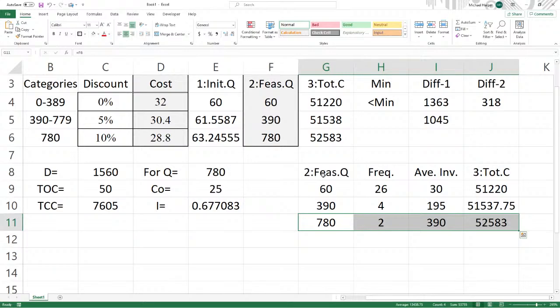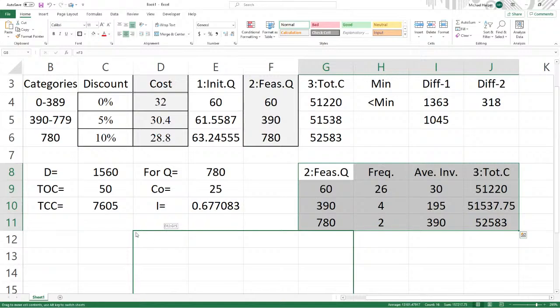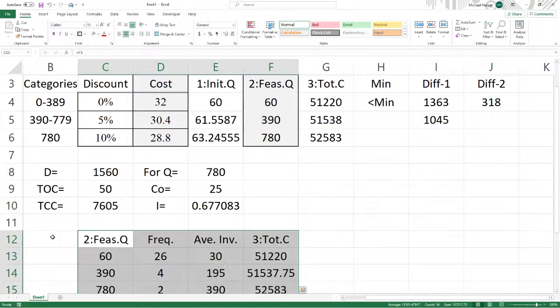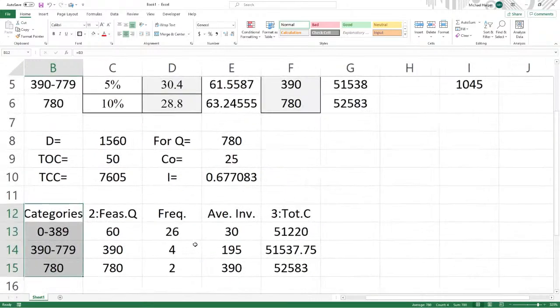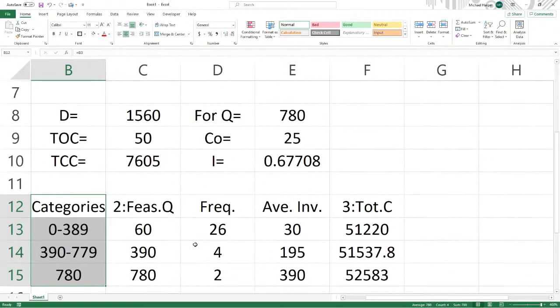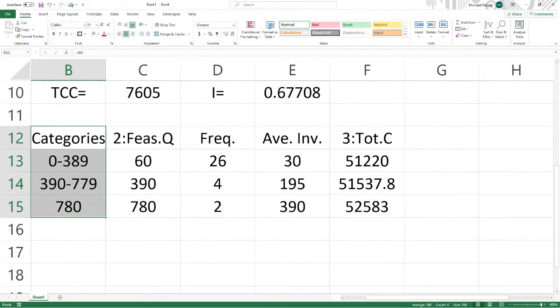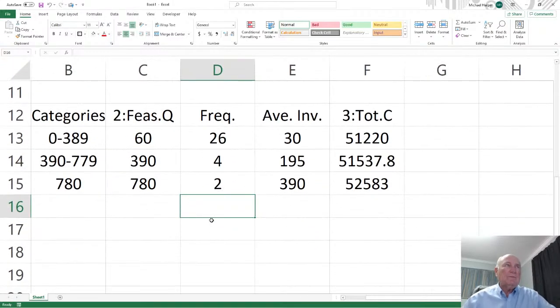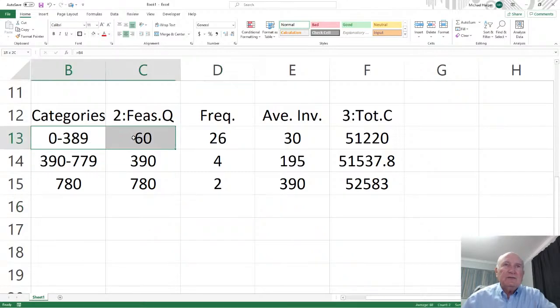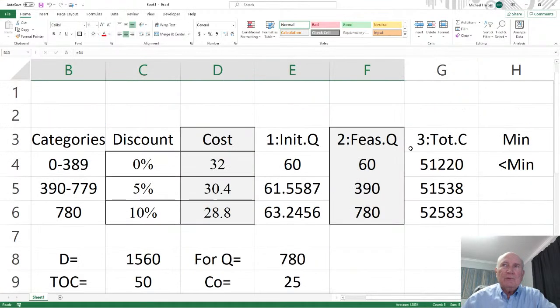Okay, actually, let me bring this down here. And then let's bring this down. Bring the categories down. And let's make this big enough so we can see it. There we go. Okay, now, yeah, in this first category, let's bring this down too.